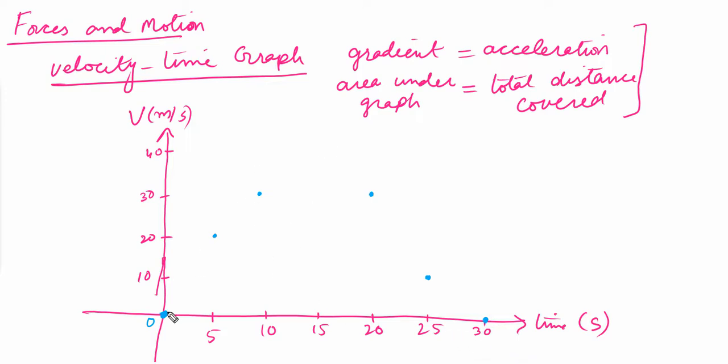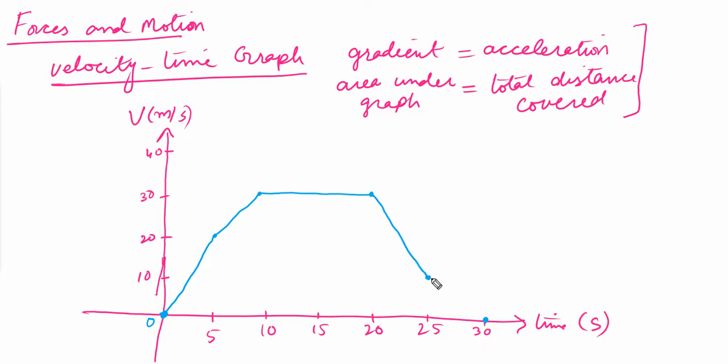So now let me join these points. From 0 to 5 it's like this. From 5 to 10 it's like this. From 10 to 20 it's a horizontal line. From 20 to 25, okay, let me connect it.